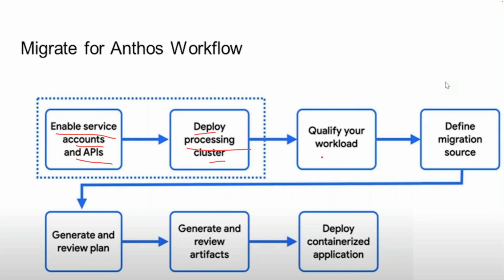The next step, you qualify your workload, and the fourth step is to define the migration source. Once these four steps are done, it will come to generate and review the plan. Once that is done, we go for generate and review the artifacts. Once this process is done, lastly it will deploy the containerized application into the target.